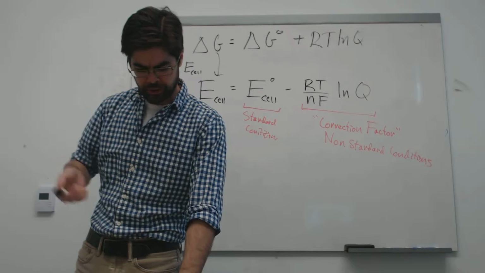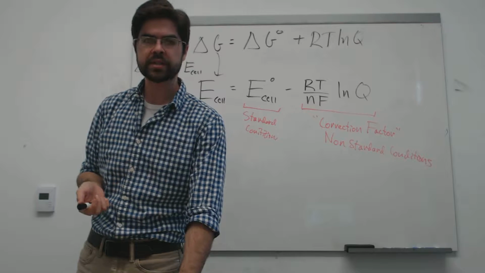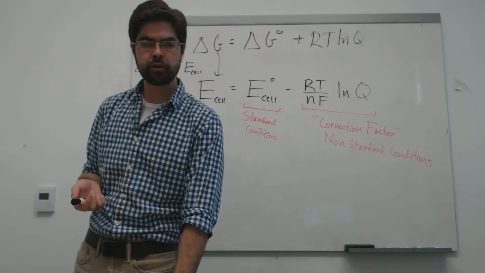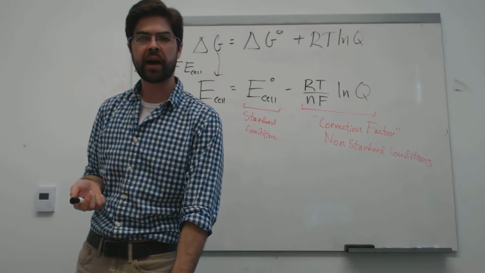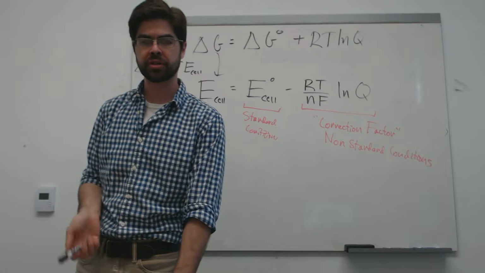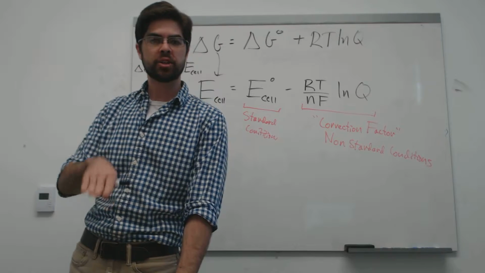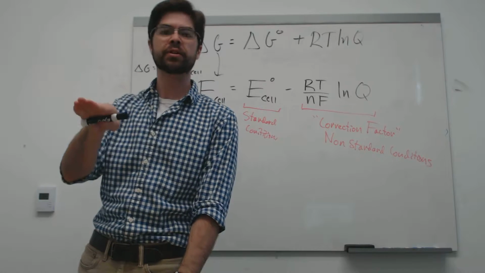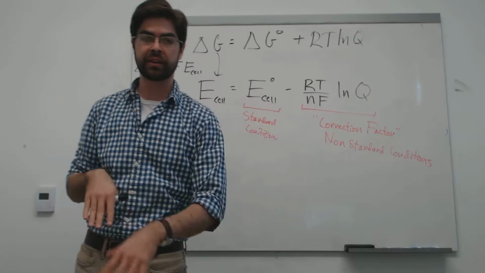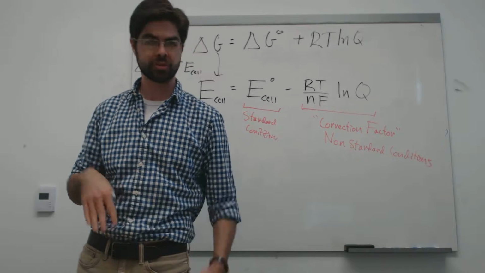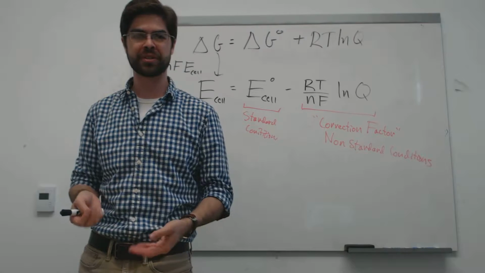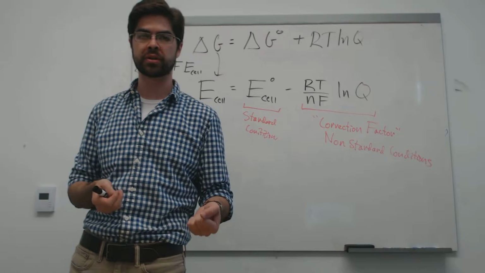How would you put the Nernst equation into words? I think of the Nernst equation as a way of calculating cell potentials under any conditions. The idea is you might know what it is under standard conditions, and those you can calculate with standard reduction potentials, because standard reduction potentials are also given at standard conditions.